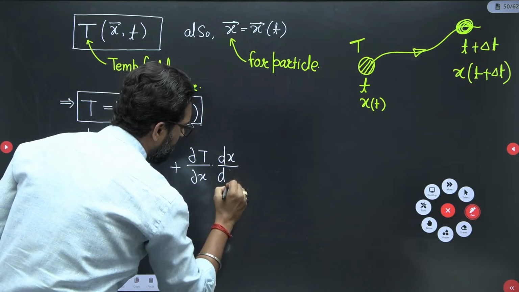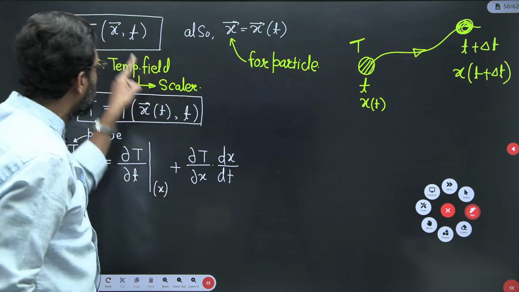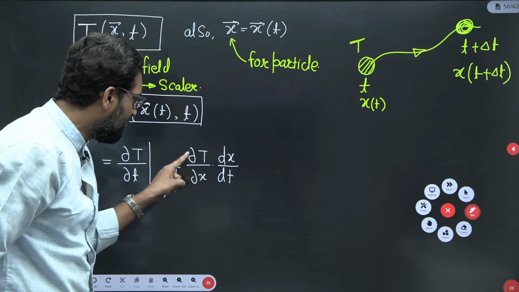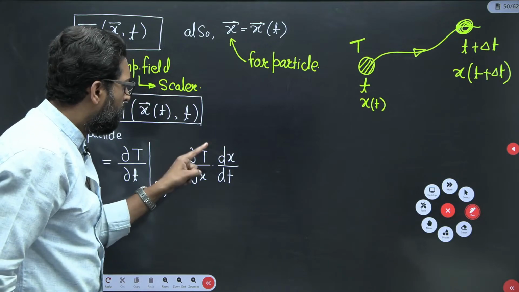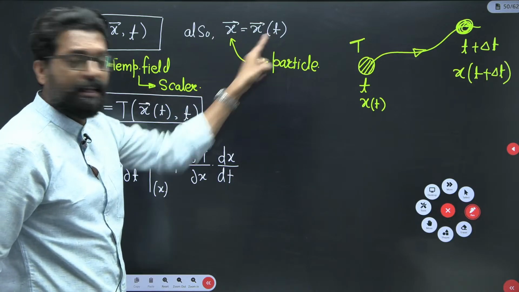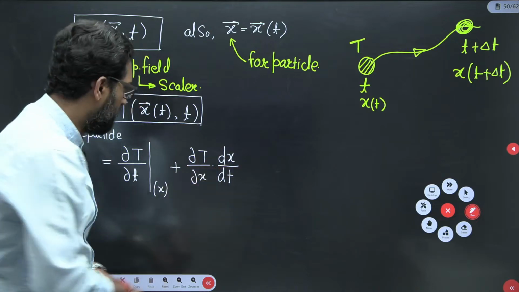Here we put a partial derivative because temperature is a function of x and t both. But the position x is only a function of t, so we put an ordinary derivative.